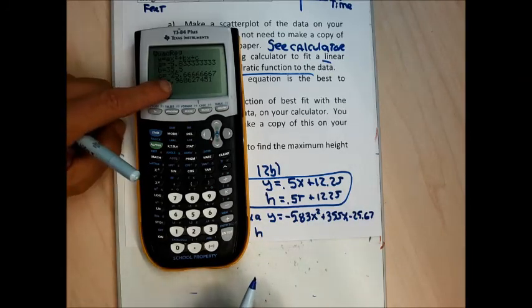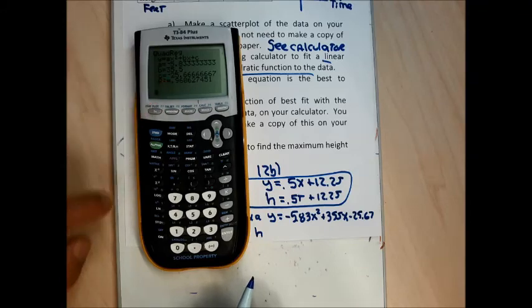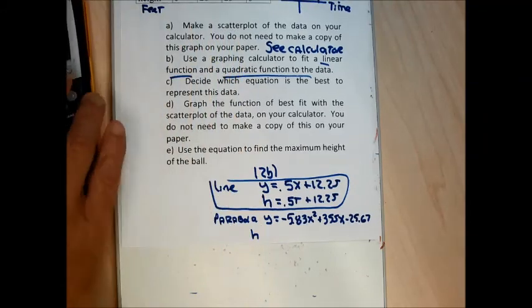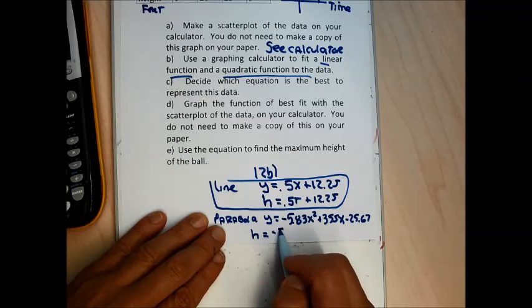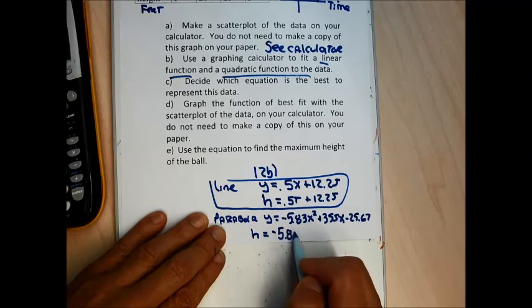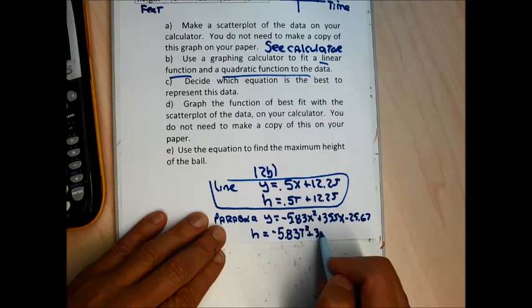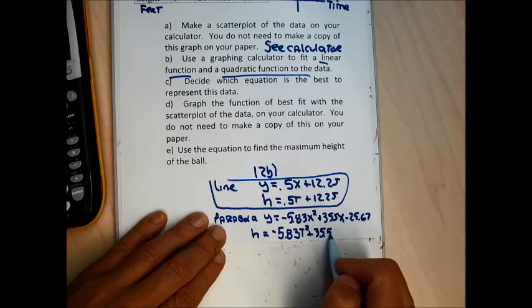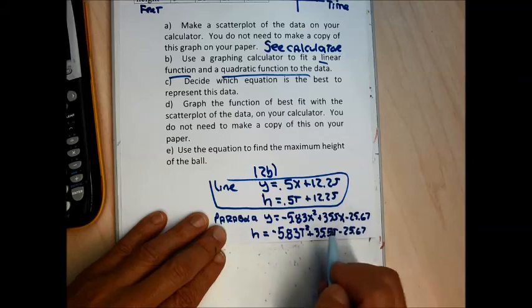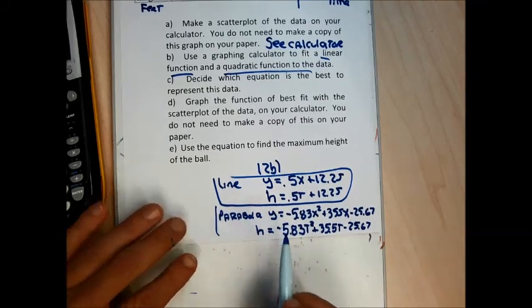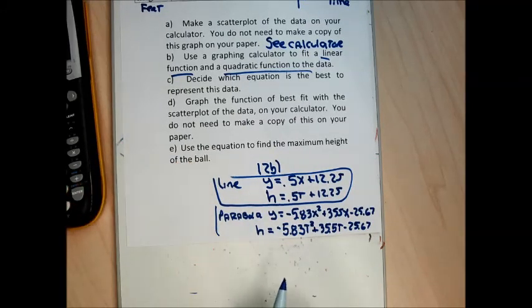It's a much better fit than the line because it has a 0.96 for the r squared. And for my answer to part B for the parabola, I'd probably write h equals negative 5.83 t squared plus 35.5 t minus 25.67. But you can use either. So those are the possible answers for part B.